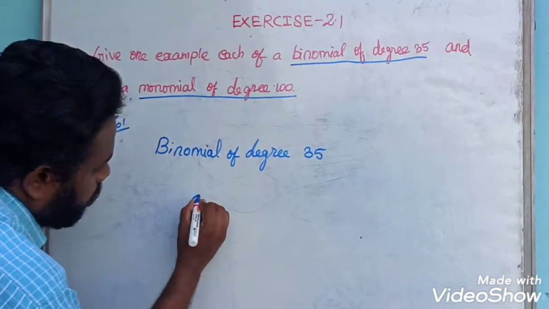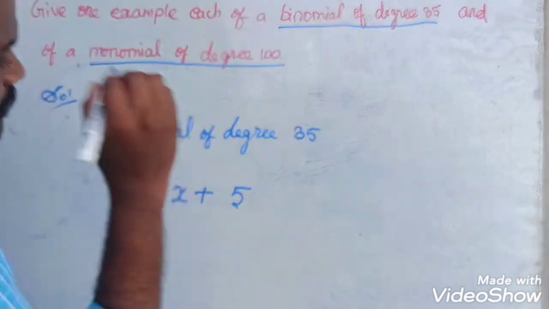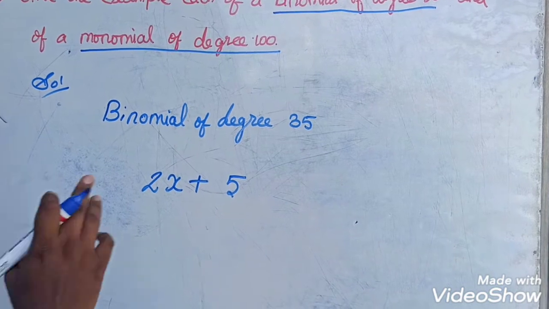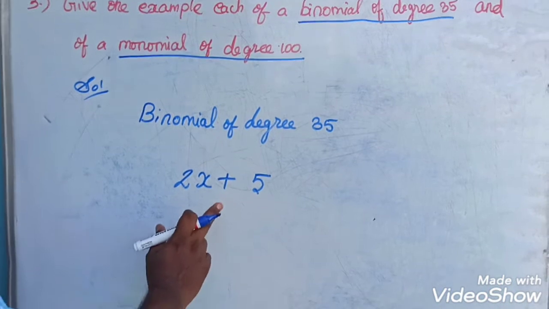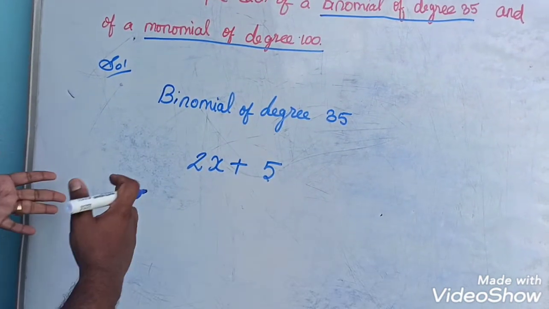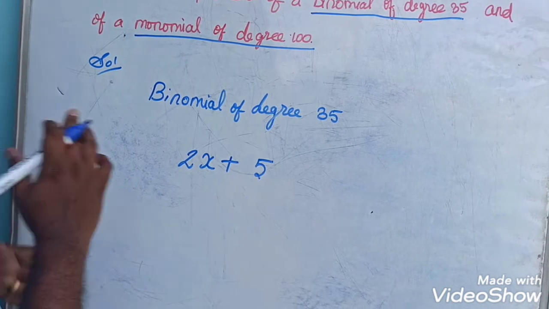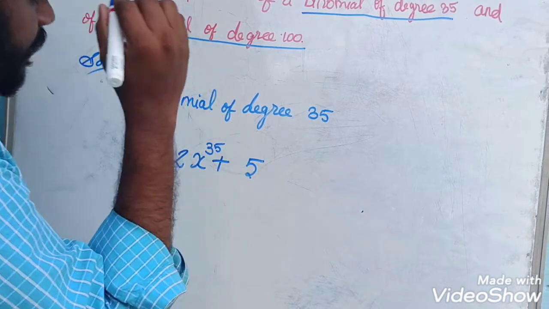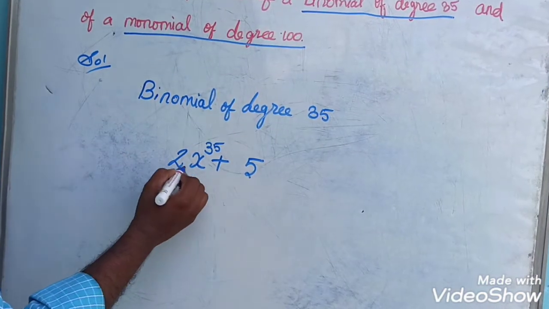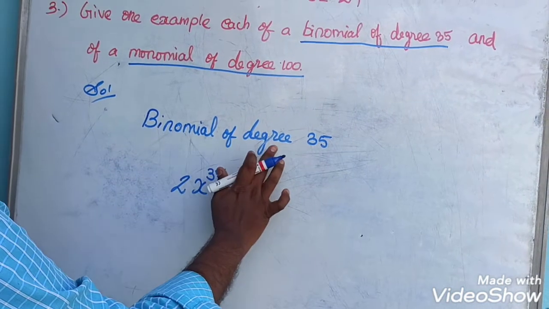So I take 2x plus 5, 2 terms first. Now the highest degree is 35. The degree is the exponent of the variable, so I write 2x power 35. So the answer is 2x power 35 plus 5, which is an example for a binomial of degree 35.